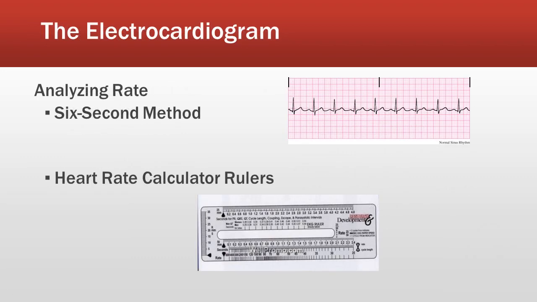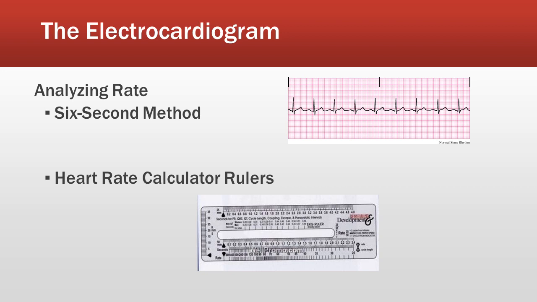Analyze the rate. The first two methods are the 6-second method and the heart rate calculator. As I mentioned prior, our EKG strips have black tick marks at the top of the page in 3-second intervals.